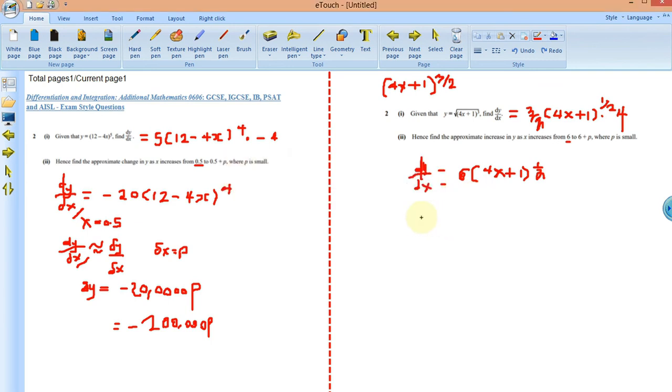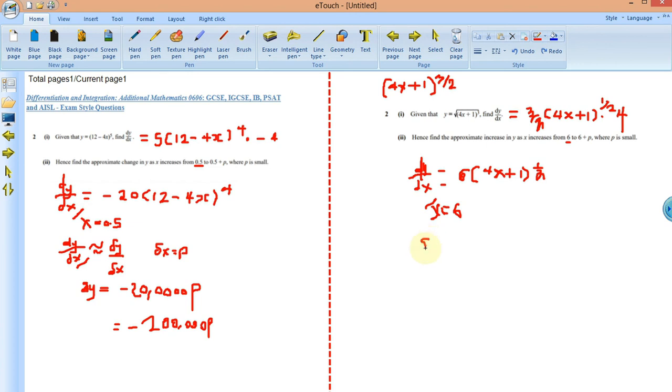So go ahead and do the same thing here now. As x tends to 6 here, it's very difficult writing with this. So I have 30, right? So dy by dx will be equal to 30.